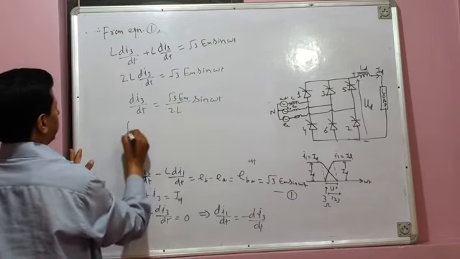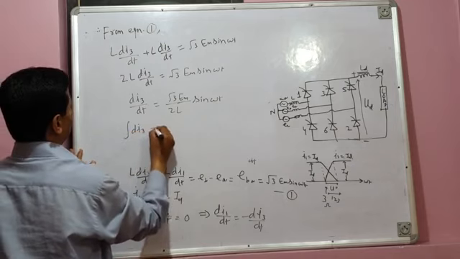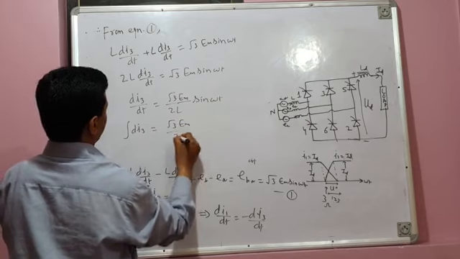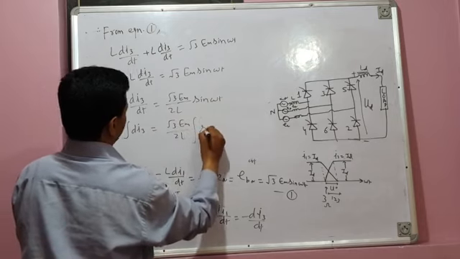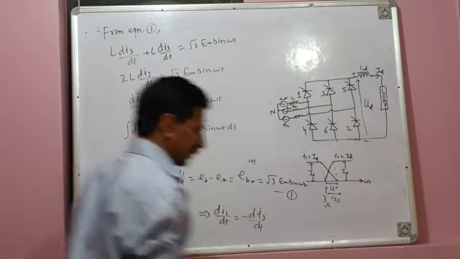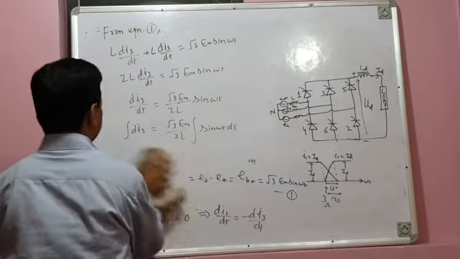If I integrate this di3, it will be root 3 EM by 2L into the integration of sine omega t with respect to t. Let me find out this integral.